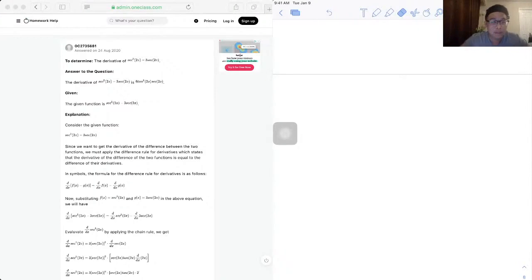So the first question is asking us to determine the derivative of secant 2x to the exponent of 3 minus 3 times secant 2x. Okay, so let's copy down the question first.